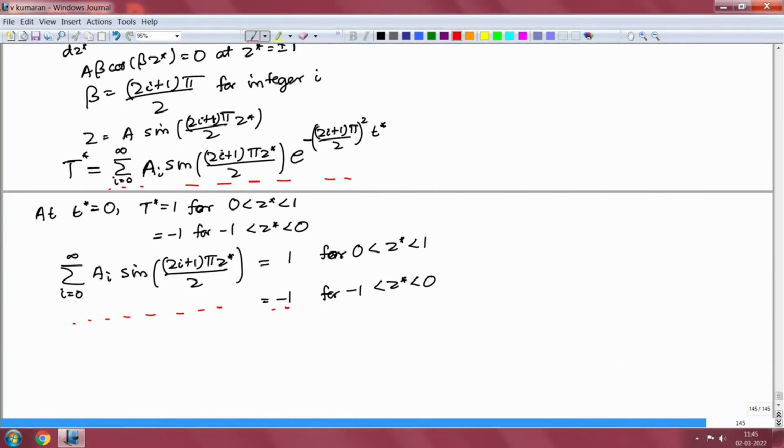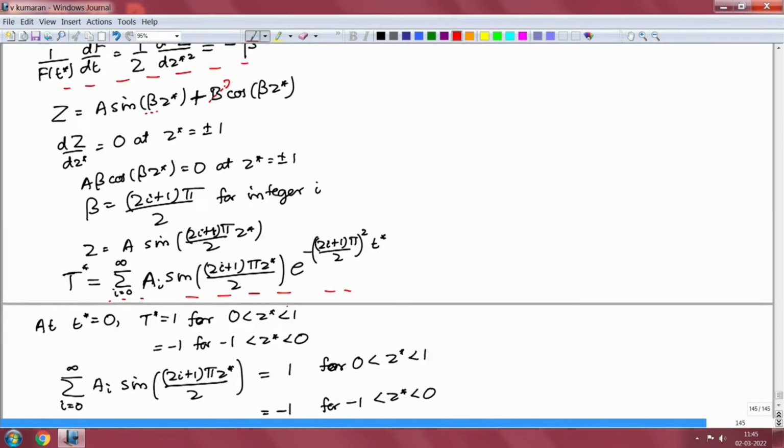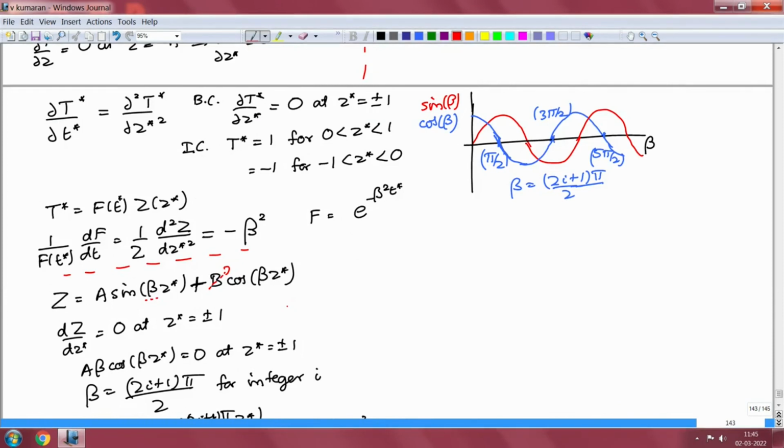But the procedure, as you can see, is very similar to what we had earlier. Express it in terms of a steady plus a transient part. In this particular case, the steady solution was 0, so the temperature was equal to the transient part. Express it as a function of time times a function of z.